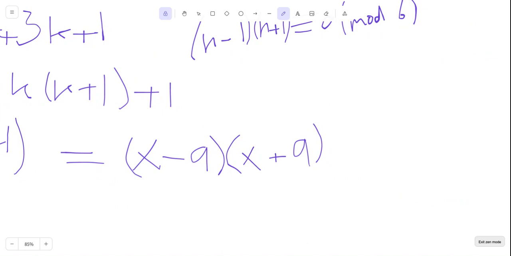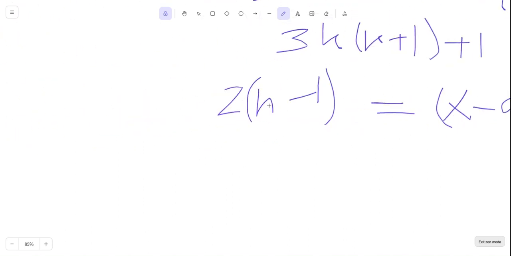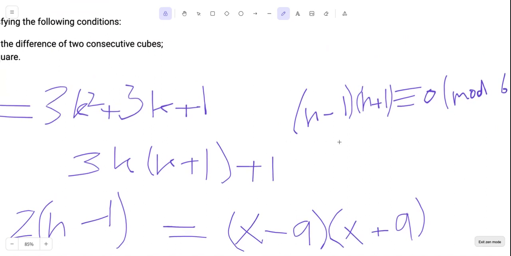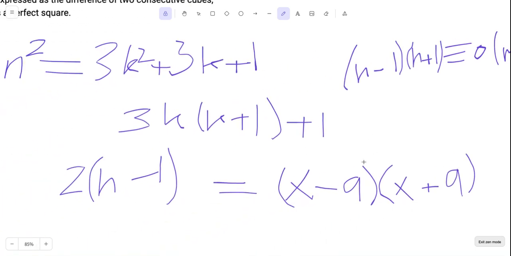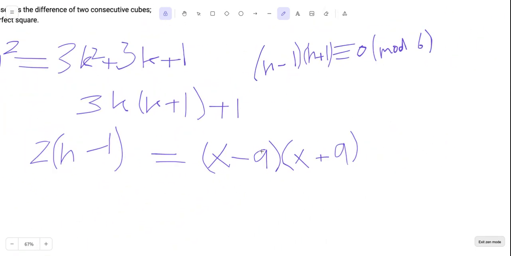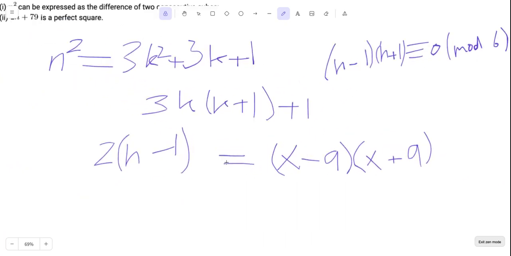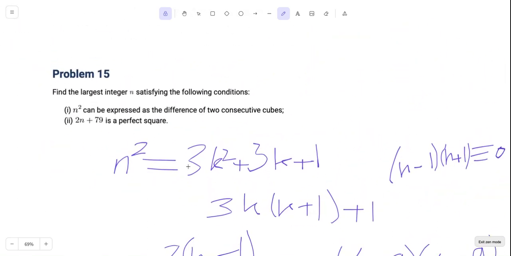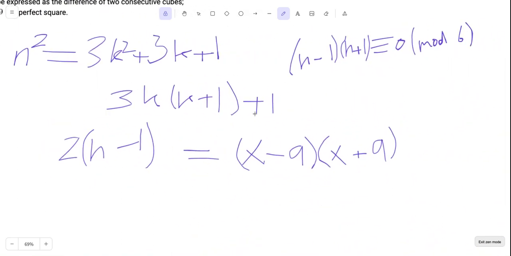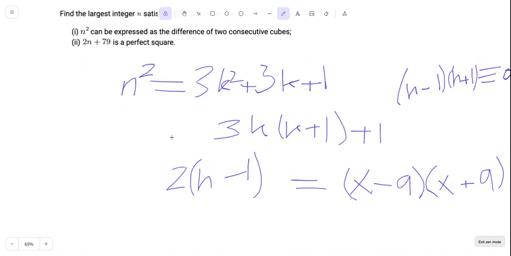So x plus 9 leaves the same remainder when divided by 3 as x minus 9. Therefore, this entire right side is divisible by 9, and therefore the left side is divisible by 9. But we have no clue whether n minus 1 by itself contributes that factor. So that doesn't really get us anywhere. I'm showing you what would happen if you tried attempting this. So can we really get anywhere?